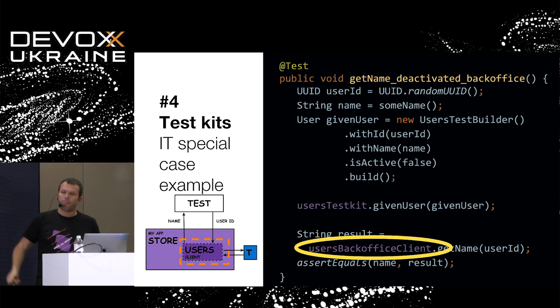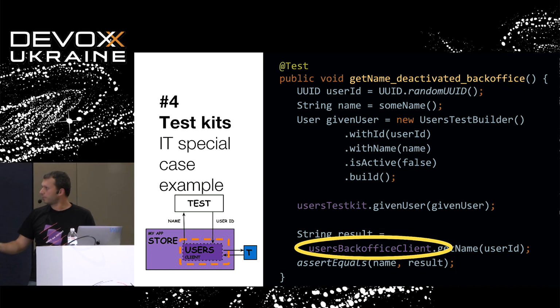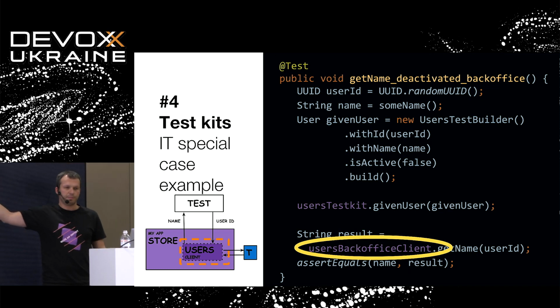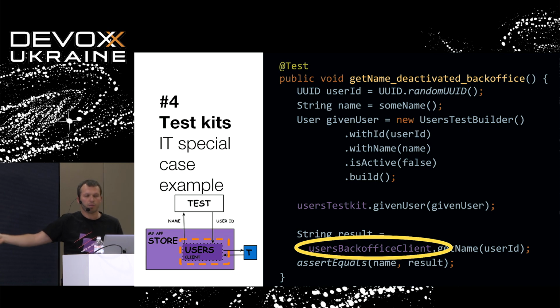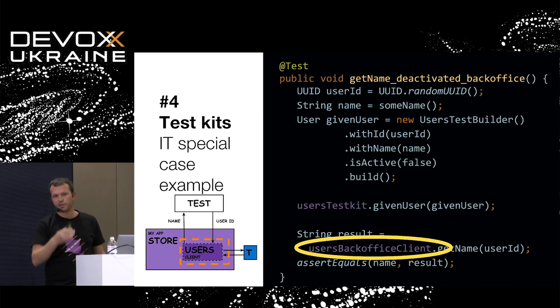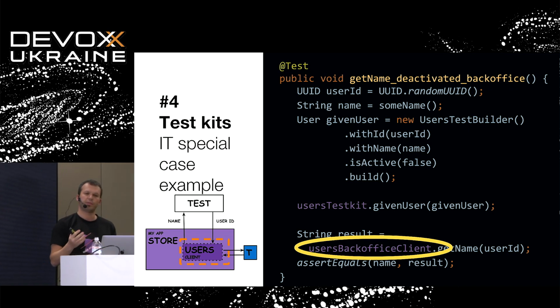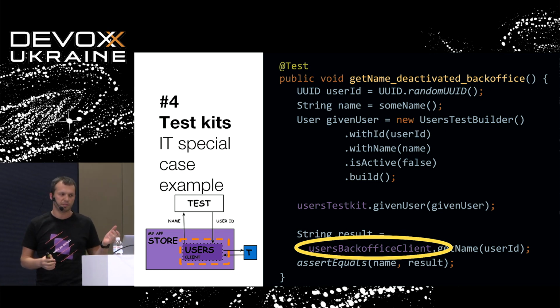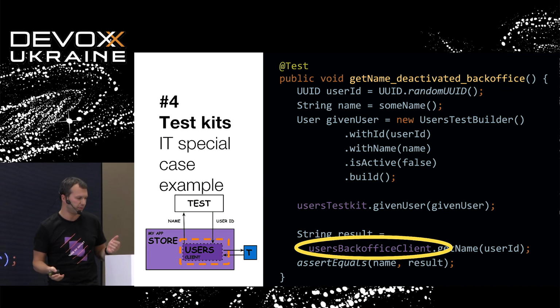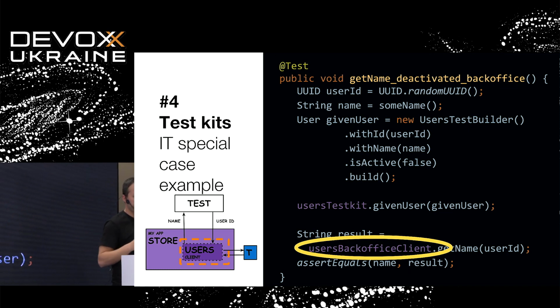So we set it up. We set given user. Again, the user is not active, is blocked. And here we can verify that the back office API does return the user. So we verify that our assumption is correct: the regular API will not return the user and the back office API will return the user.